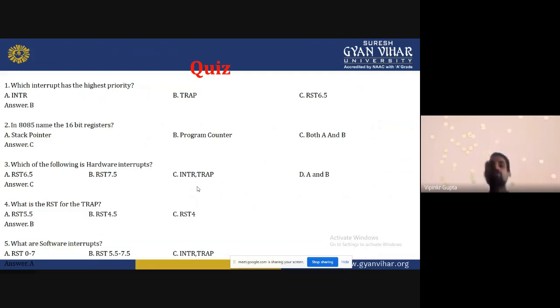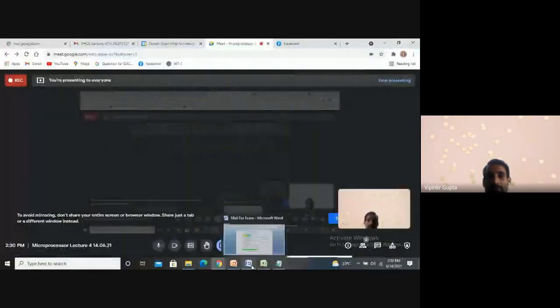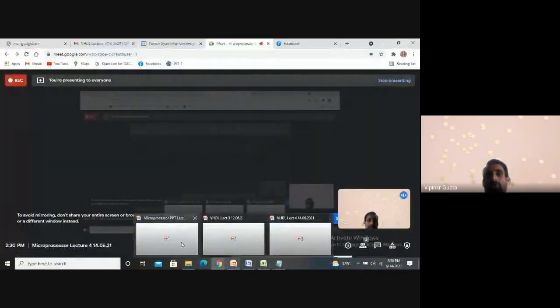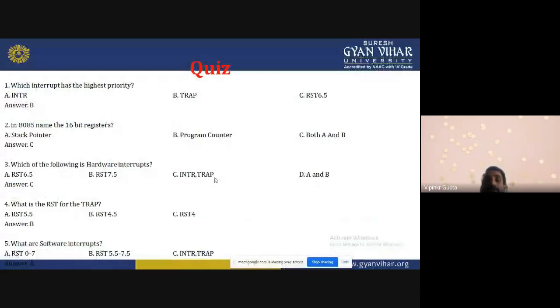We cannot do anything, so what do we do with our data? So the highest priority interrupt is the TRAP interrupt, which is a non-maskable interrupt.